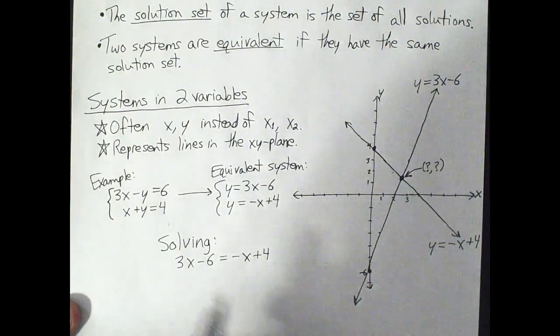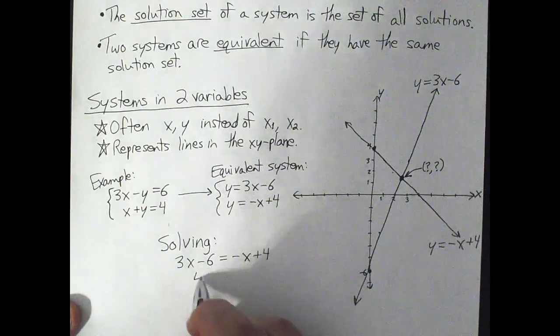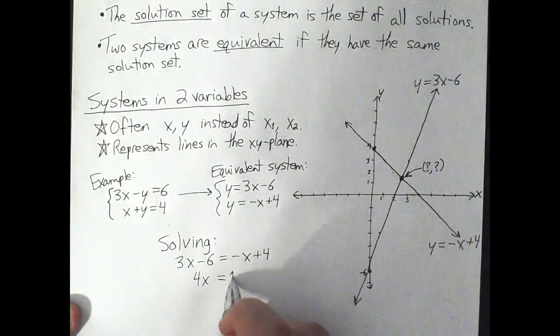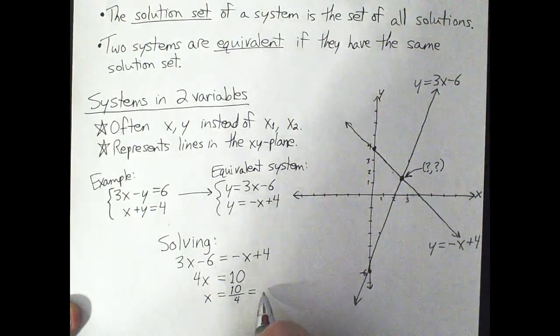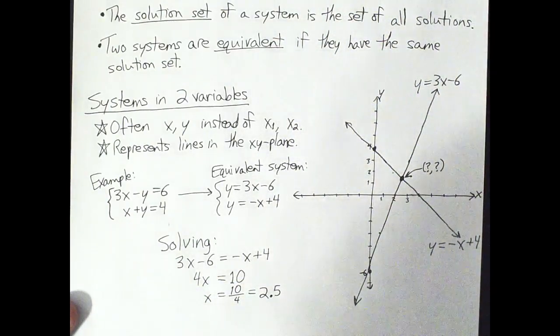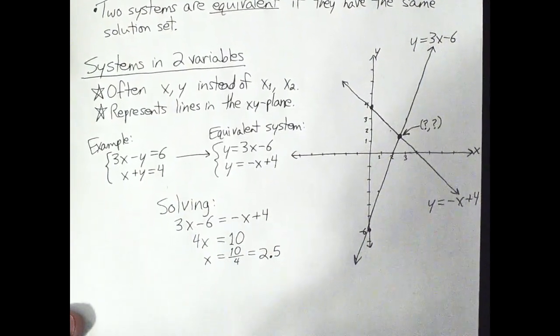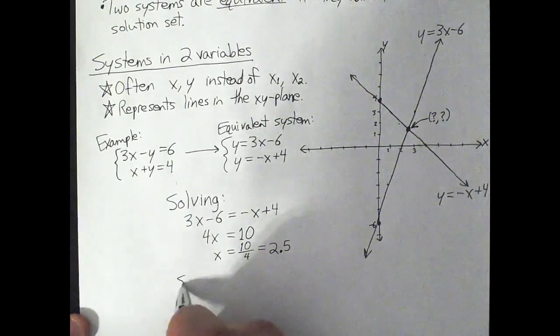This is one way to solve. I like this because I could add x to both sides, get a 4x, add a 6 to both sides, get a 10. And I get x equals 2.5. Generally, when you're solving a system, if you find the value of one variable, it makes it easier to find the value of the other ones.